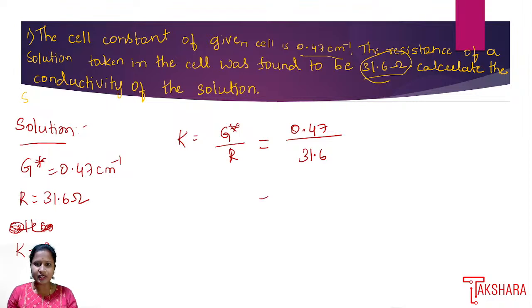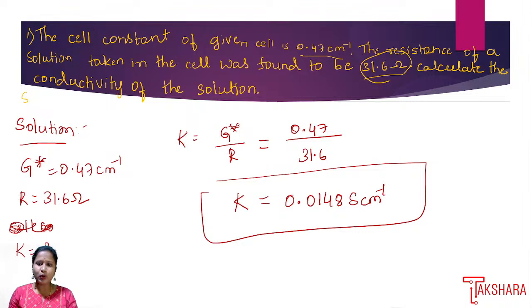Conductivity has the unit Siemens per centimeter. So K is equal to 0.0148 Siemens per centimeter. So the conductivity of the solution is 0.0148 Siemens per centimeter.